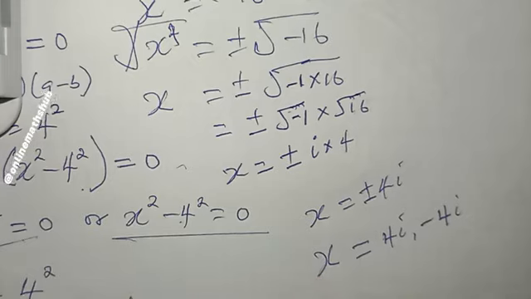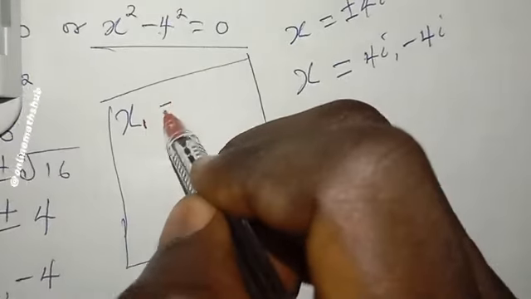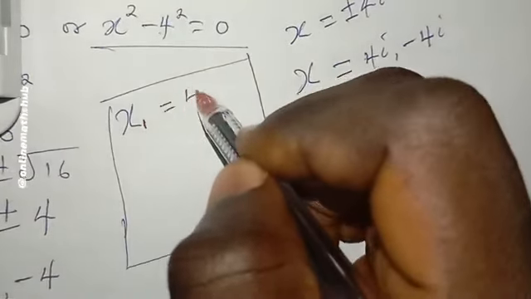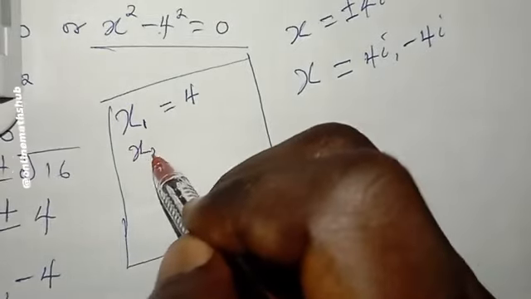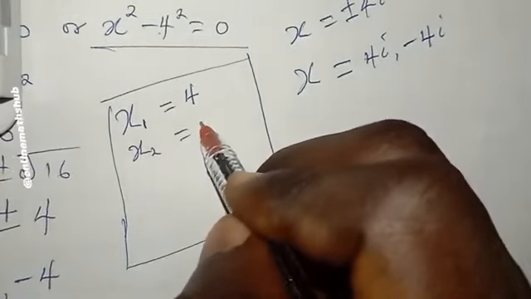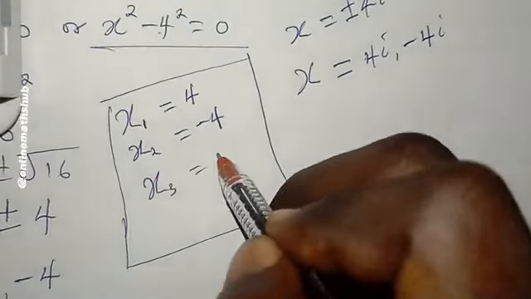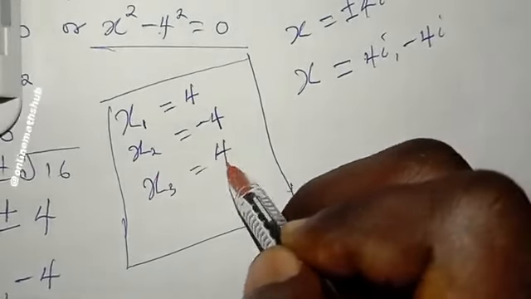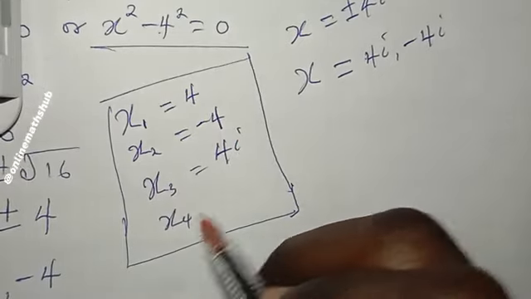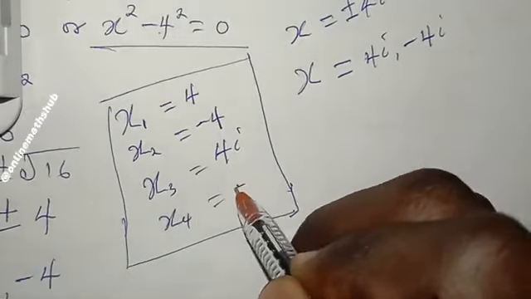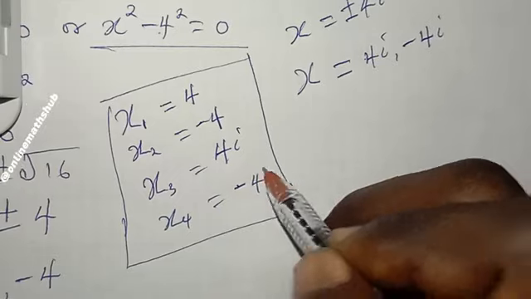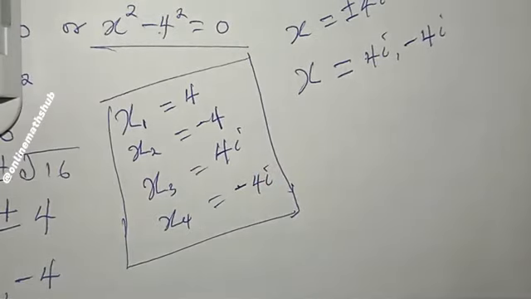So putting everything together, x1 is equal to positive 4, x2 is negative 4, the third value of x is positive 4i, and the fourth value of x is negative 4i. These are the four values of x, both the real values and the complex values of x, that satisfy the problem we are solving.